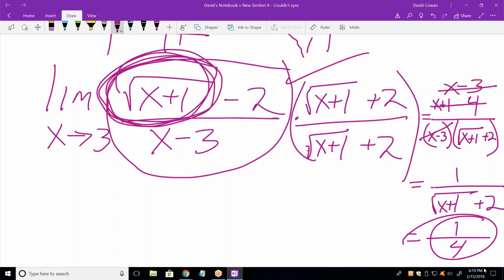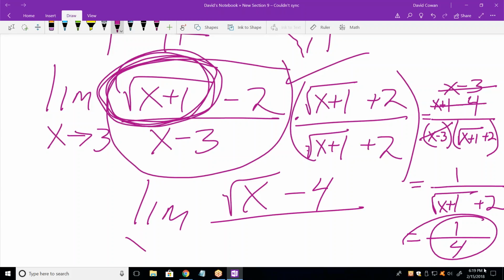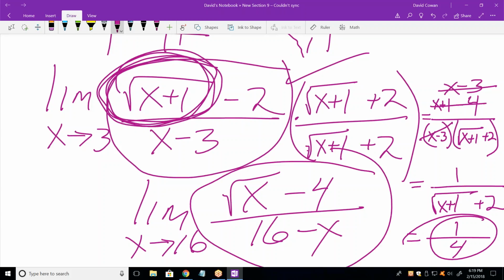It could be something like this: square root of x minus 4 all over 16 minus x, as x goes to 16. If I do that problem right there, I get 0 over 0, right?